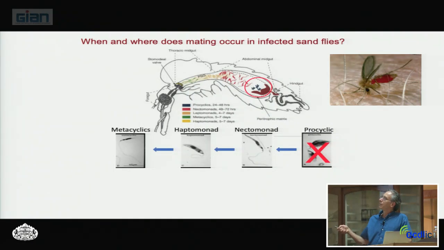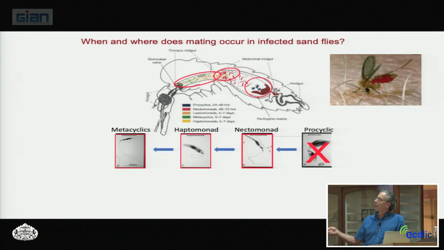If we dissect the midguts at day 1 or day 2, when we have really only procyclic forms, we've never recovered hybrids. But already by day 3 or 4, when we see these nectomonads, we can recover hybrids. And the longer we wait, the more hybrids we recover. So the sexually competent forms might begin here, but these all may be sexually competent.